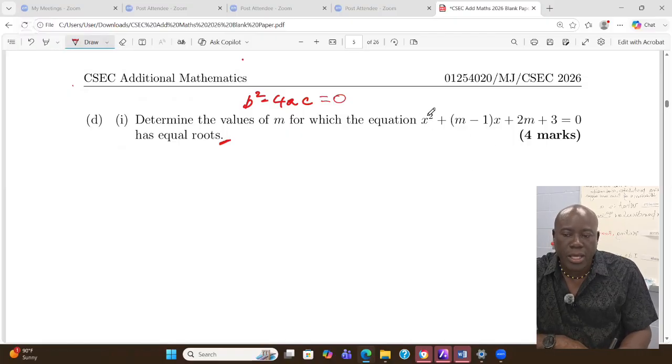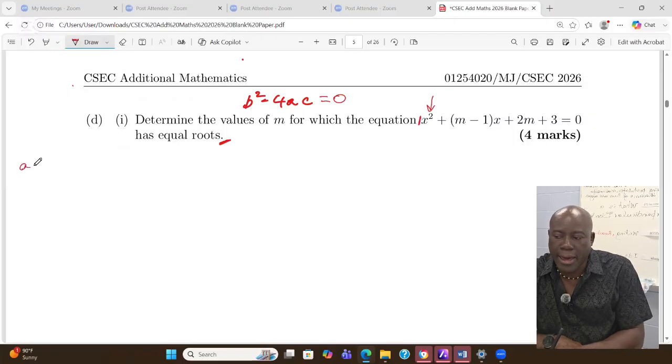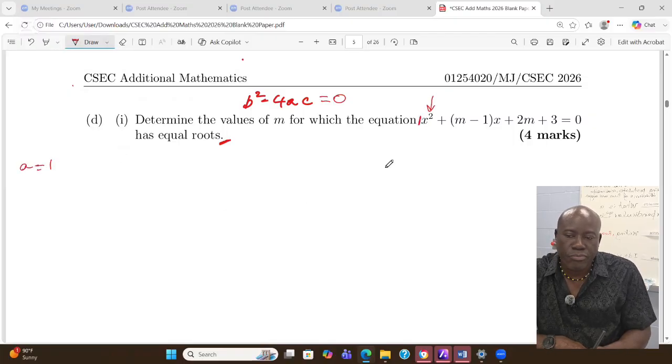Let's take a look. This is x squared right here, so A would be 1. Right here is my B value, m minus 1 with the x, the coefficient of x.